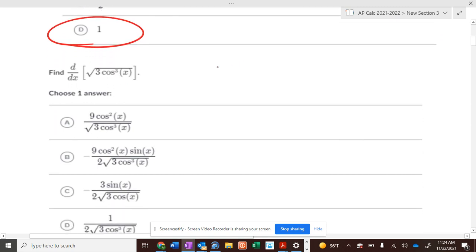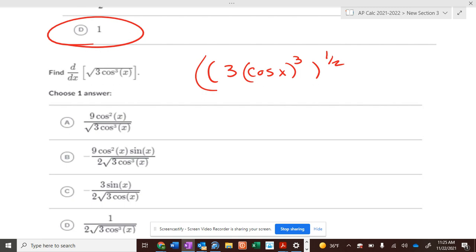All right. The first derivative of this is the same as saying the first derivative of 3 cosine of x cubed, all with the 1/2 power around it. So we have the chain rule again on this one.